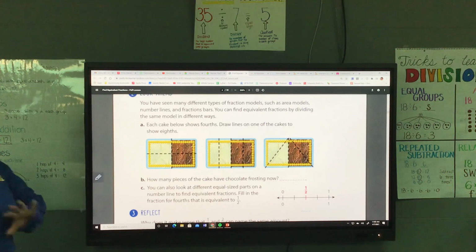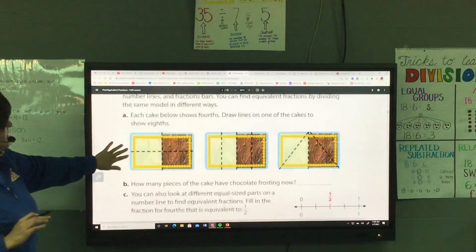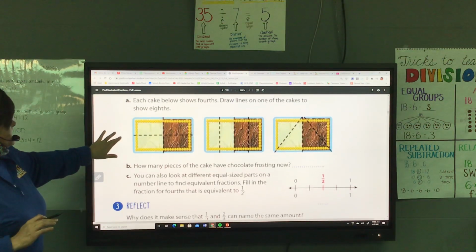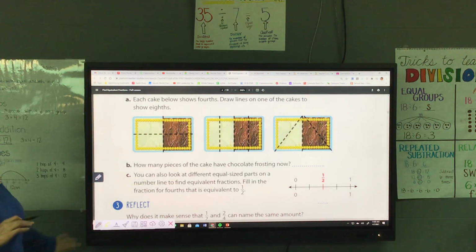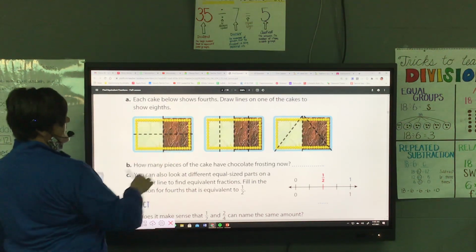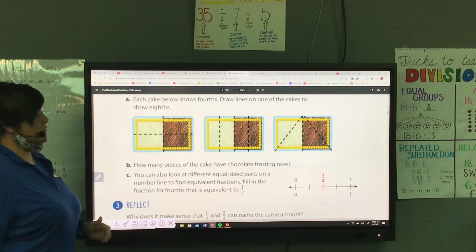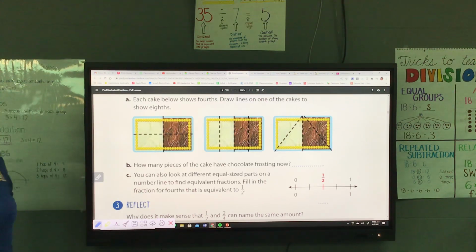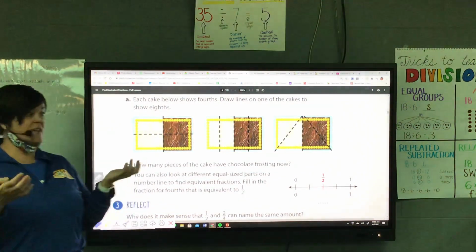So how many parts are you going to be cutting it into now? 8 equal parts. So if I were to cut this cake so that it's not in 4 parts anymore, it's going to be in 8 parts. What would I need to do so that the parts are still equal? They need to be even, right?